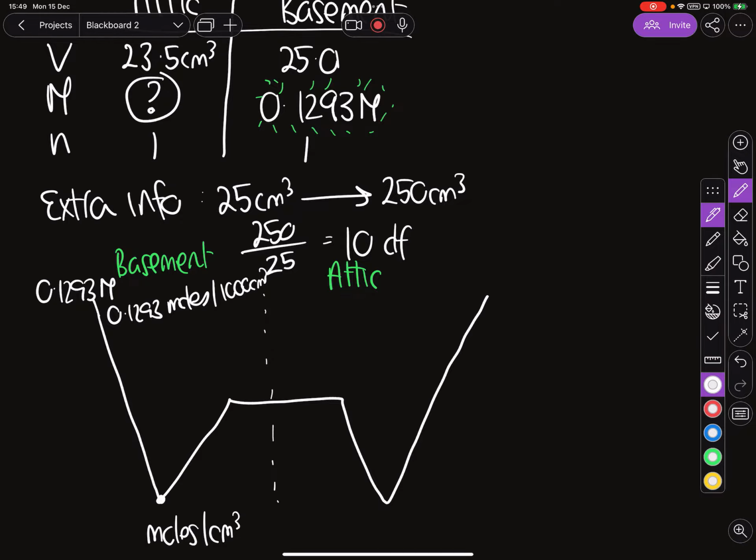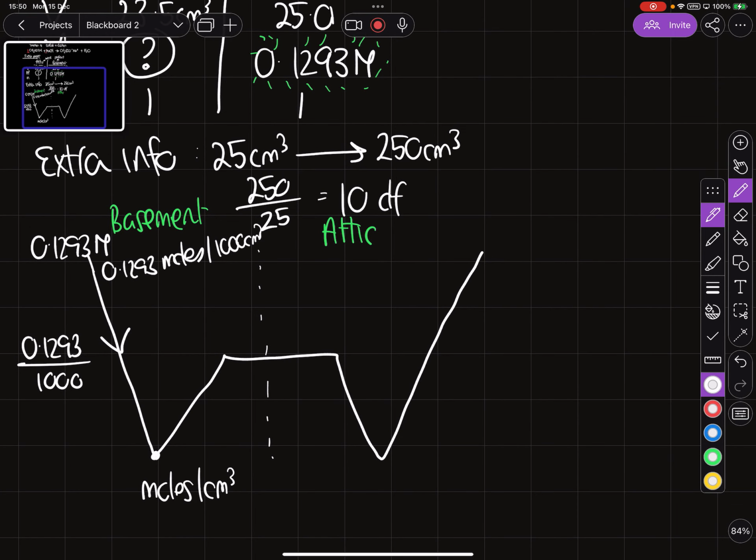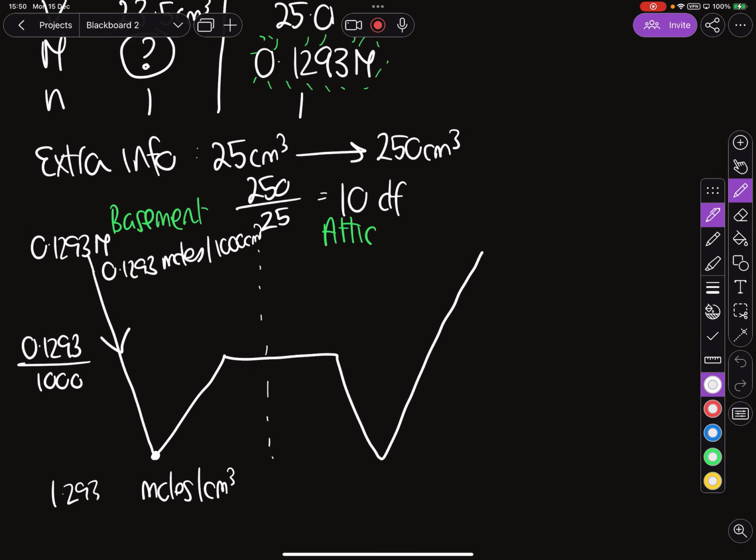So to go from 1,000 to 1, you know that you are going to be dividing 0.1293 by 1,000. When you do that, whatever version your calculator gives you, please use it. I always just default to scientific notation because it's less numbers to work with. So now down here I found the moles of my basement, my NaOH, in 1 centimeter cubed.